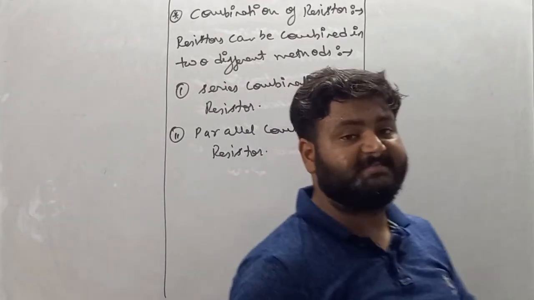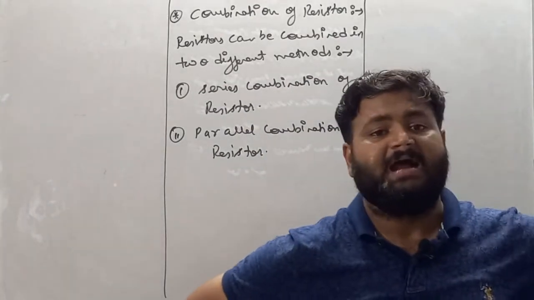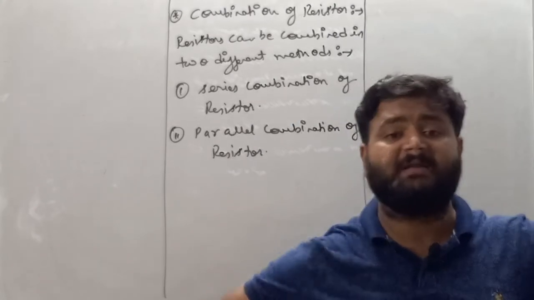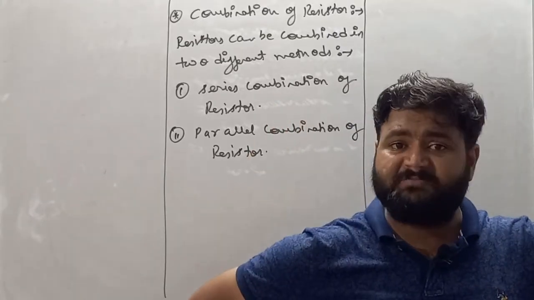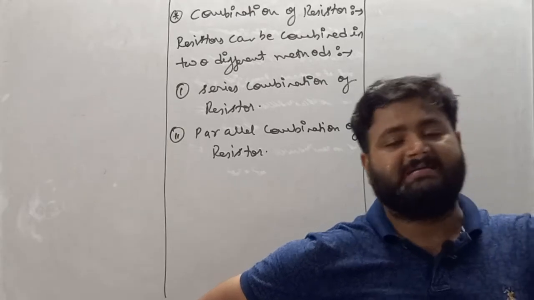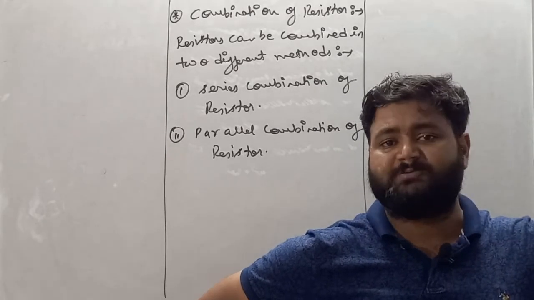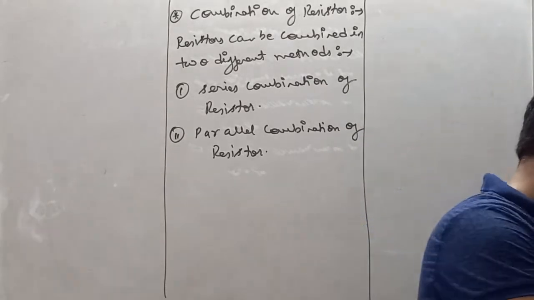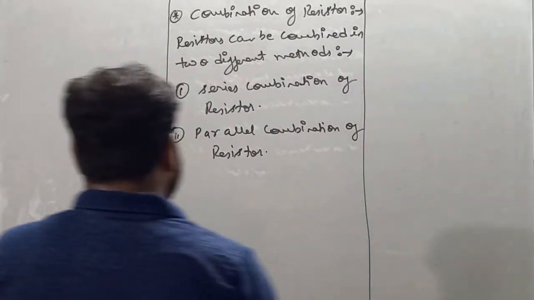We have to discuss the series combination of resistor and parallel combination of resistor by two different laws. First we will discuss it by Ohm's law and second we will discuss it by Kirchhoff's law. So first we have to discuss by Ohm's law.